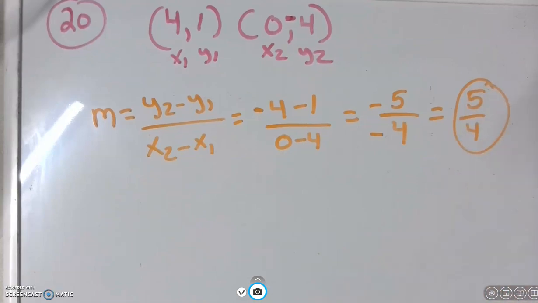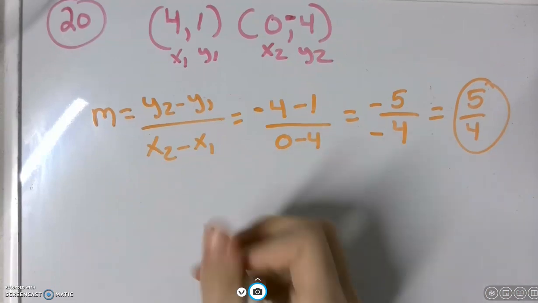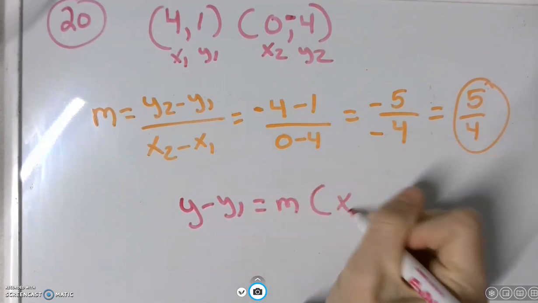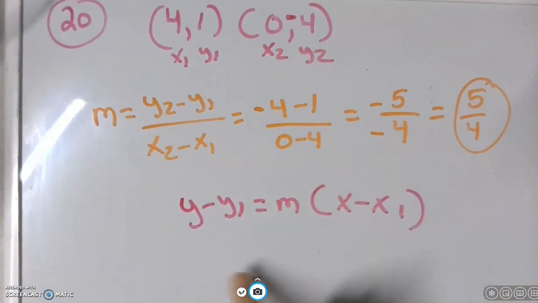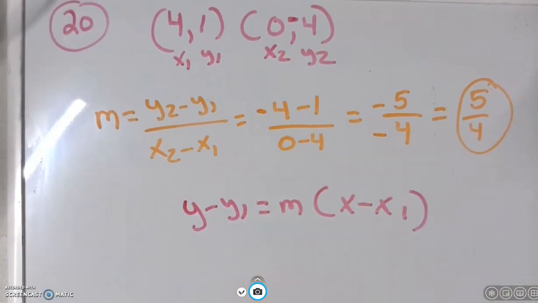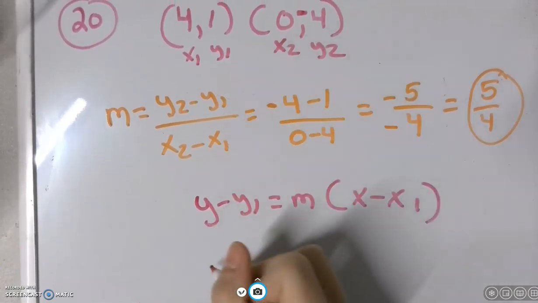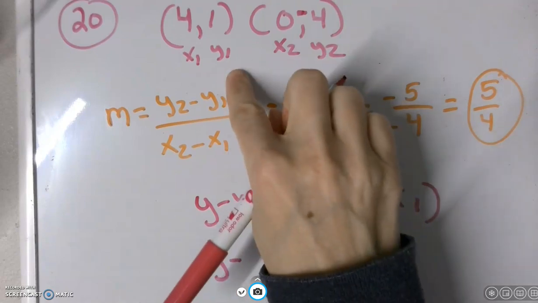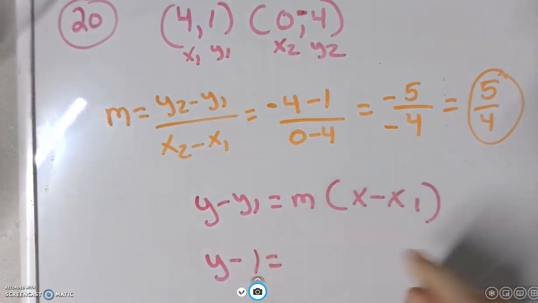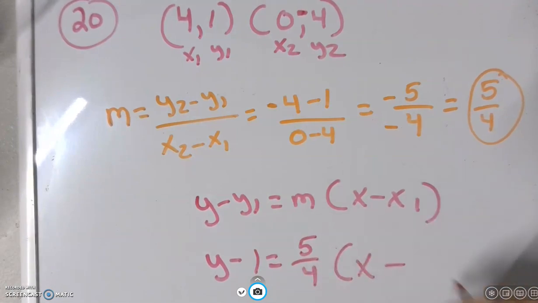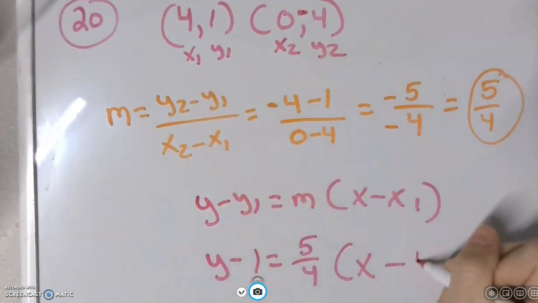Again, this tells me rise over run. Now that I have my slope, I'm going to use my point slope form: y minus y1 equals m times x minus x1. So again, I'm just going to substitute, you guys. I have y minus 1, since I made y1 equal to 1, equals m, which is 5 over 4, times x minus x1, which is 4.